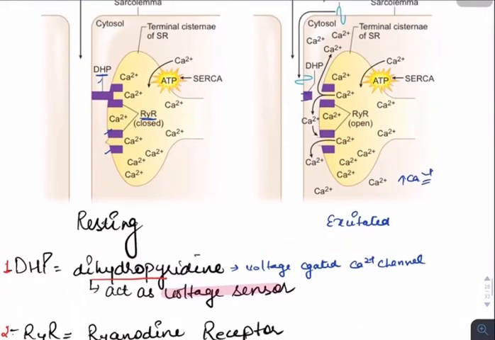First, DHP. DHP is a voltage gated calcium channel that acts as a voltage sensor. This DHP doesn't allow calcium to flux through it; it only acts as a voltage sensor.